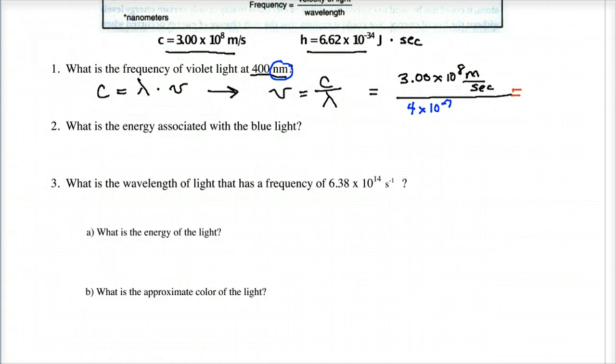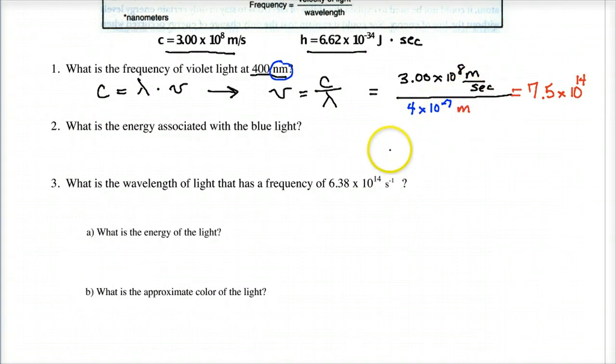Okay, I already messed up, second function EE to the 8. Okay, I'm plugging that in. And I get a funky number, but I'm just going to do the x to the negative 1 key. And I get 7.5 times 10 to the 14. And my units, well, this is meters.